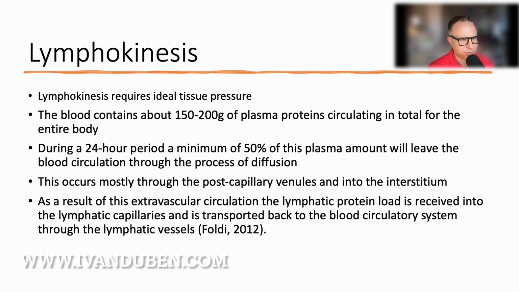As a result of this extravascular circulation, the lymphatic protein load is received into the lymphatic capillaries and is transported back to the blood circulatory system through the lymphatic vessels.